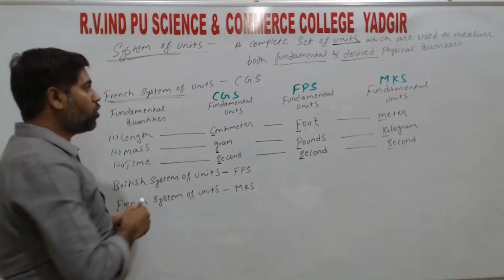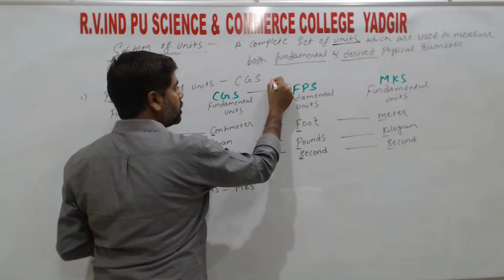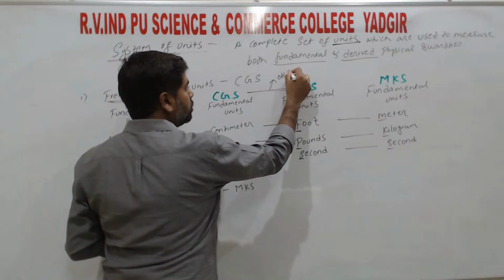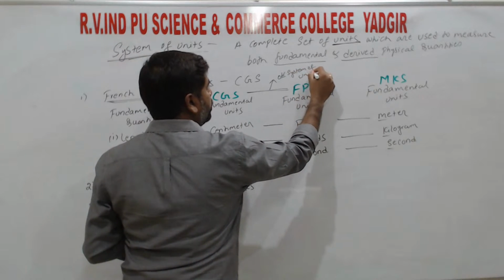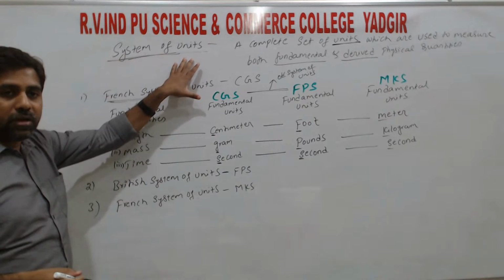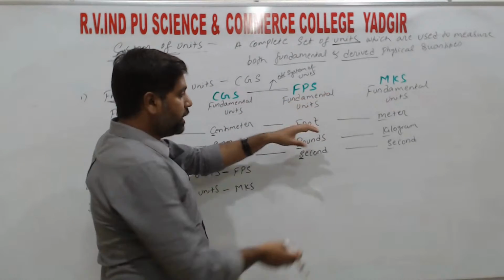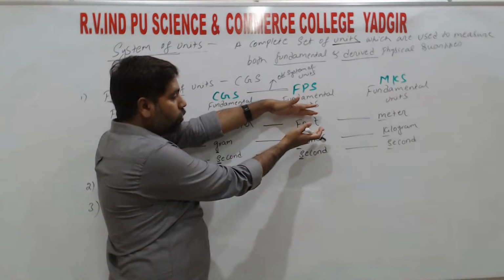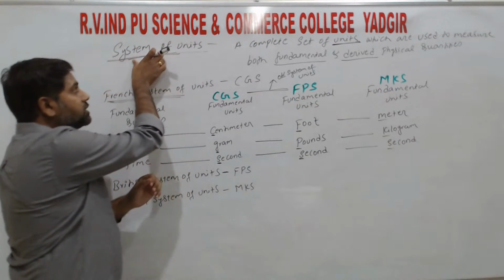So these two we call the old system of units, right? So a system of units means a group or set of units, right? In the FPS system, this set has foot, pound and second, right? That's why we call it a system of units.